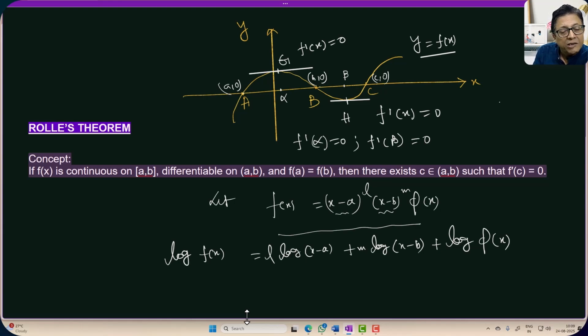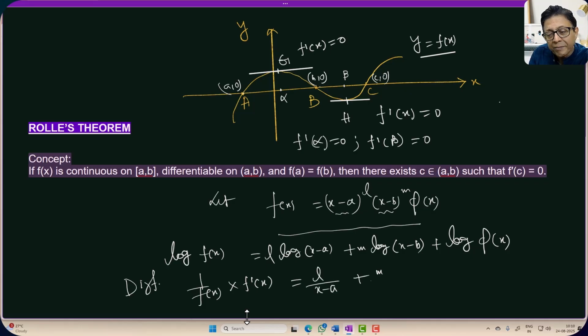Okay, differentiating 1 by fx, f dash x will be L by x minus a, m by x minus b, phi dash x by phi x.